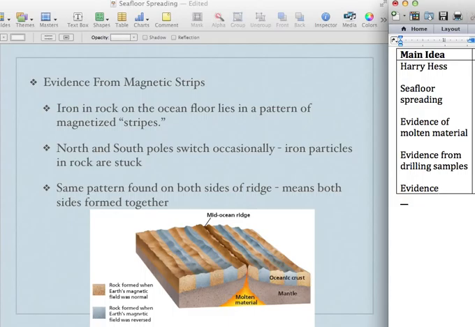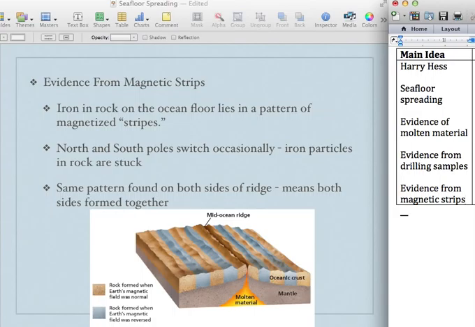So it basically acts like a little compass. And when it cools, it gets locked into position, pointed towards the North Pole. But it turns out that the Earth's north and south magnetic poles actually switch over time. They'll switch positions just as the core rotates in a different pattern.